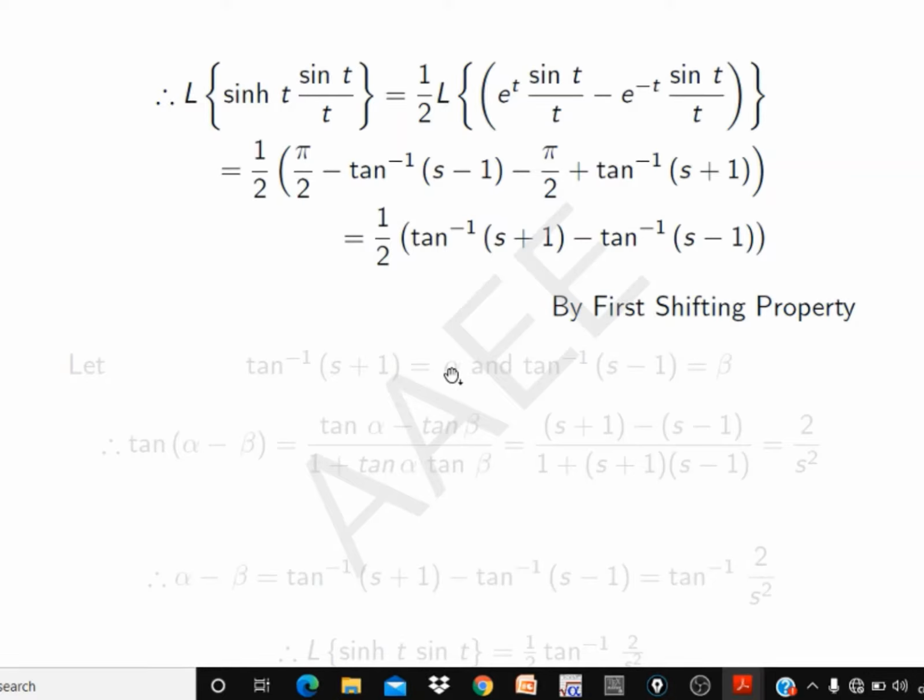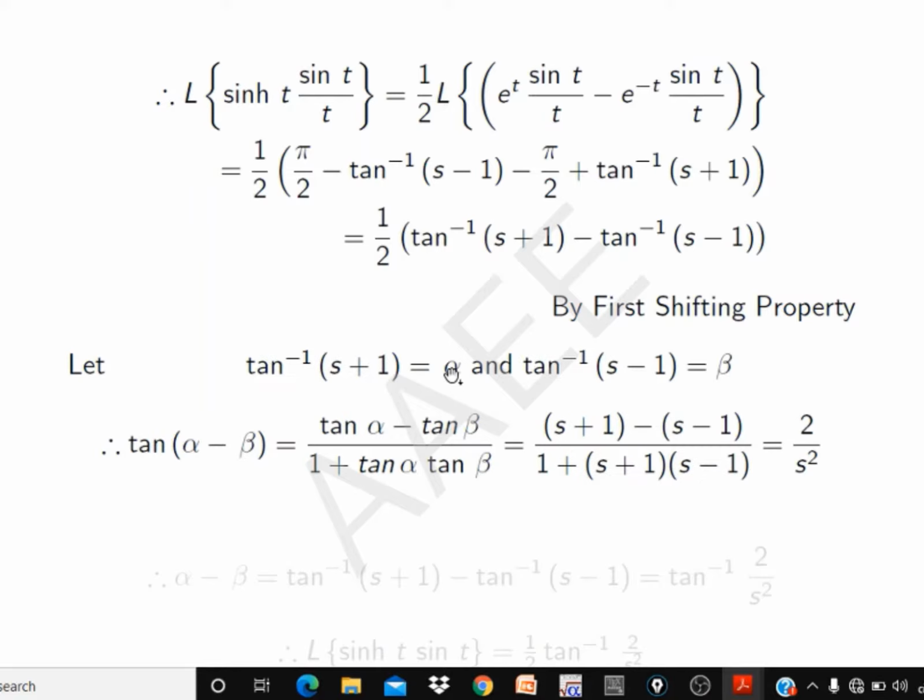There are two ways to solve this one. You can use the formula for tan inverse of x minus tan inverse of y, that is x minus y upon 1 plus x into y, or you can take tan inverse of s plus 1 equal to alpha and tan inverse of s minus 1 equal to beta.